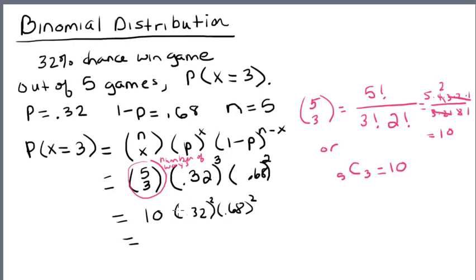Take 10 times 0.32 cubed times 0.68 squared, and you get 0.1515.